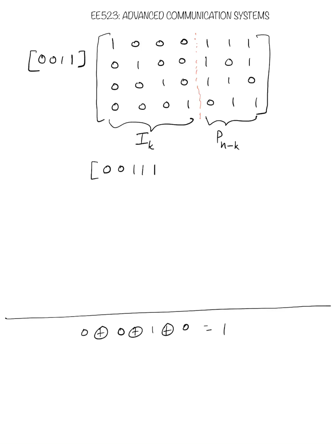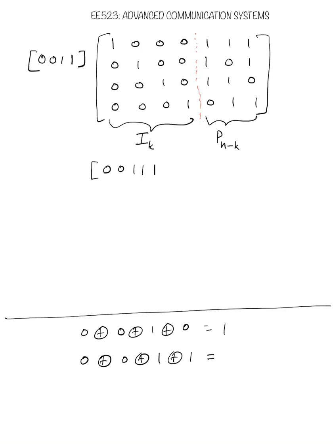Let's do it for the 6th column now, right? So this is 0 into 1, which is 0, so we write the 0. Modulo 2 addition. 0 into 0 is also 0, plus 1 into 1 is 1, plus the last bit, 1 into 1, is also a 1.